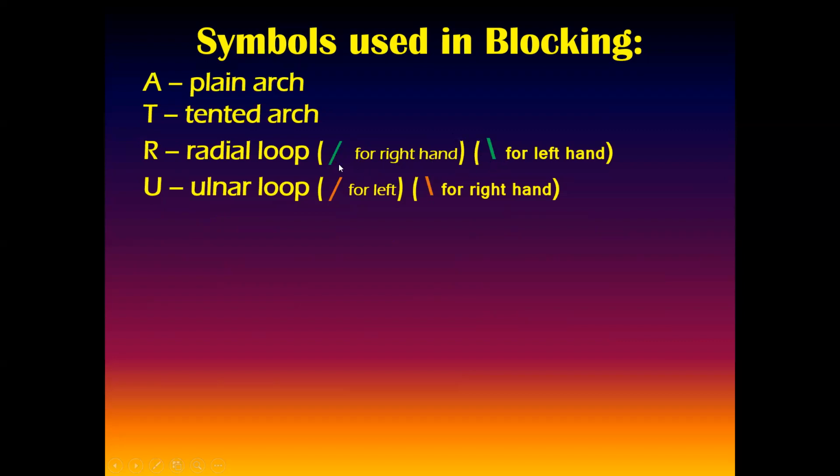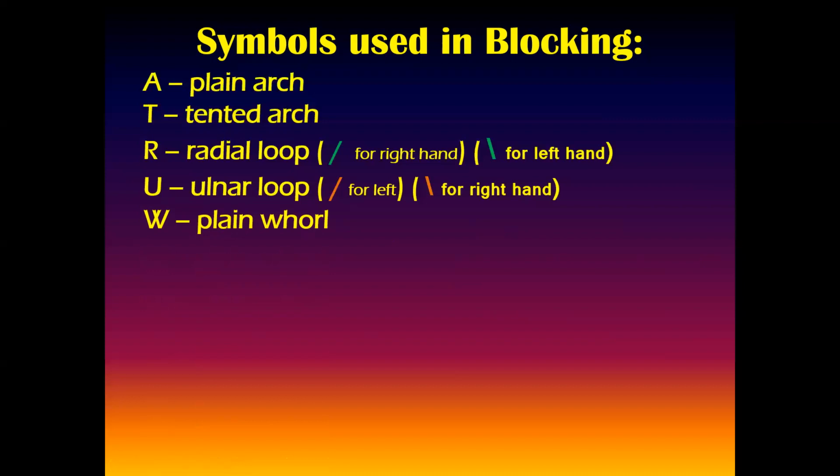In cases of radial loop appearing on your right hand, you make use of the left slant. However, the left slant, if it appears on your left hand, is definitely intended for the ulnar loop. And then, of course, the capital letter W for the plain whirl.